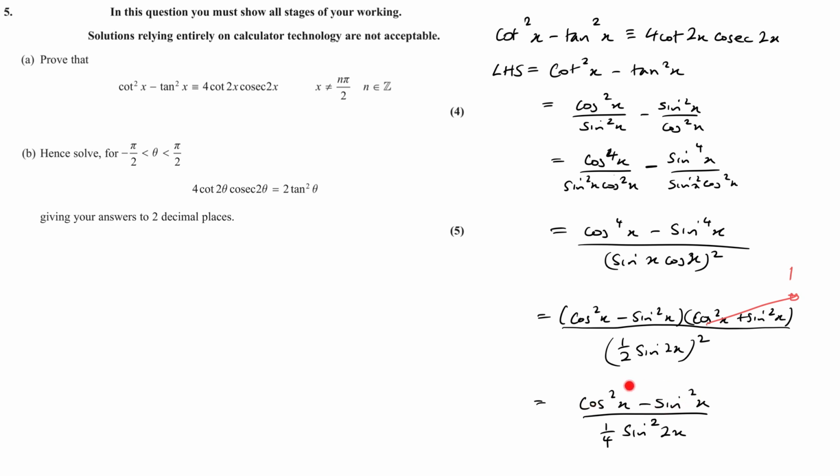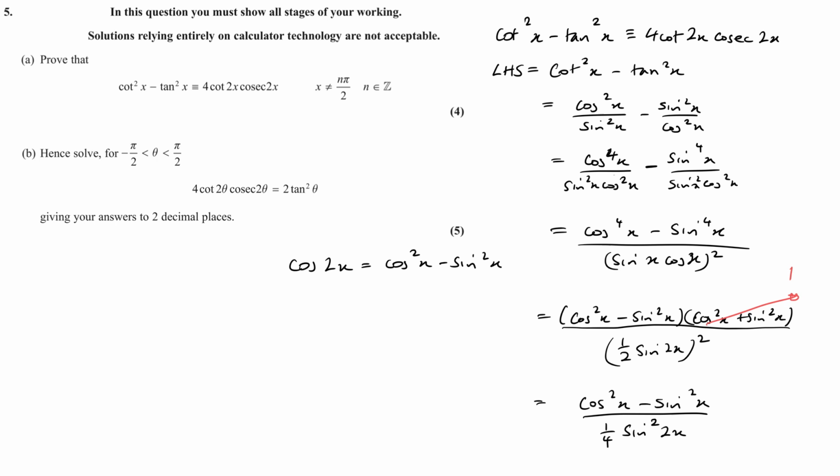Now it's just a matter of dealing with this. If you think back to cos 2x, cos 2x could be written as cos squared x minus sine squared x. There's obviously a couple of versions of this, as in 2 cos squared x minus 1 and 1 minus 2 sine squared x. But that's the standard first version that you learn, and that is what we've got there.